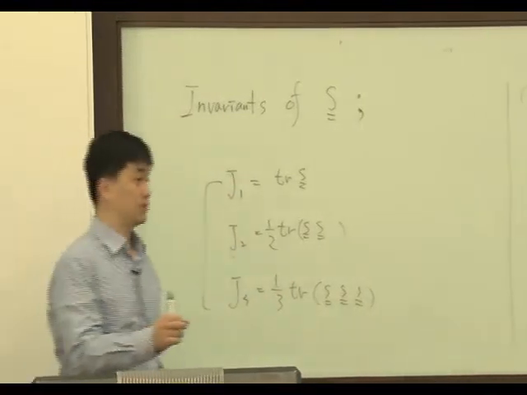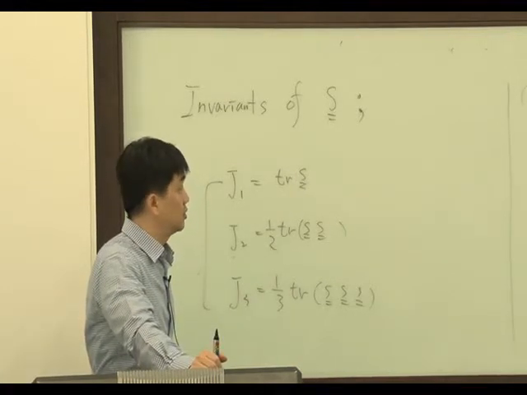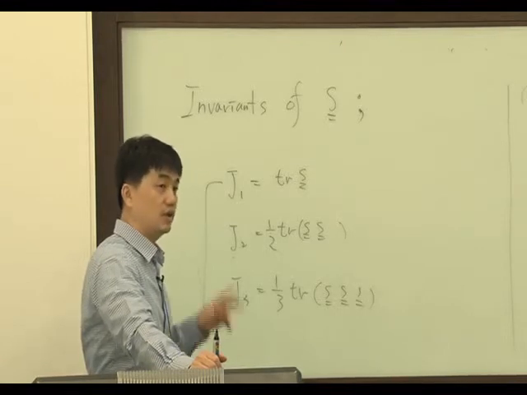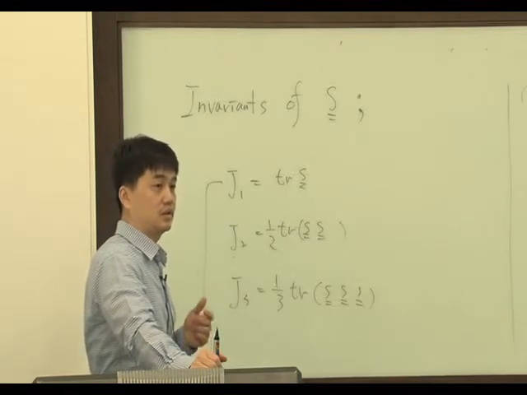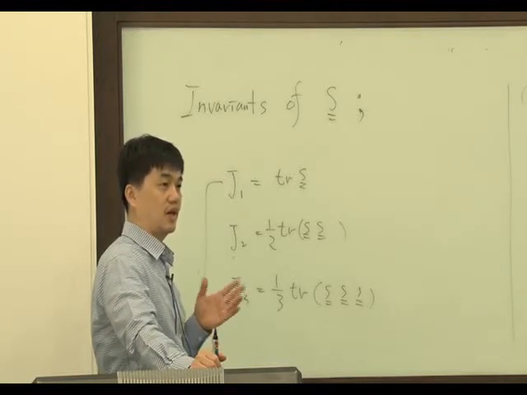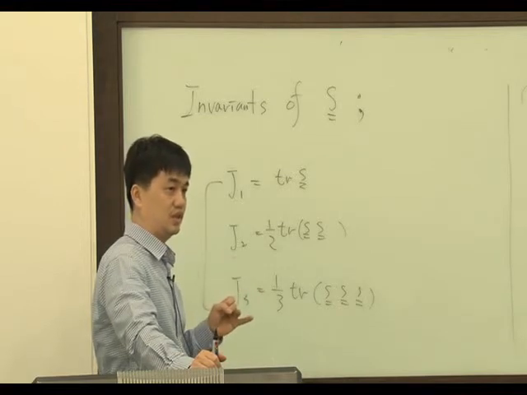These are also very important when we study strength. So today we studied 6 invariants: I1, I2, I3, J1, J2, J3.